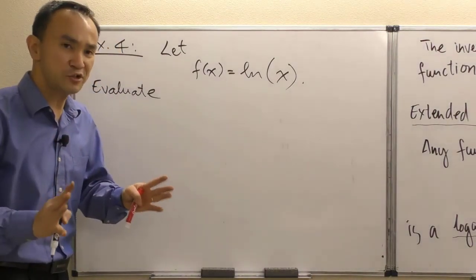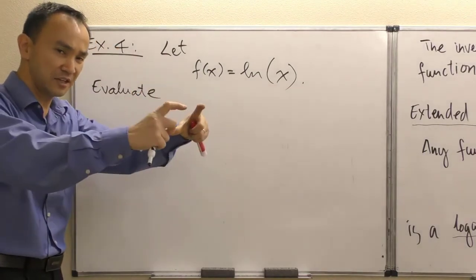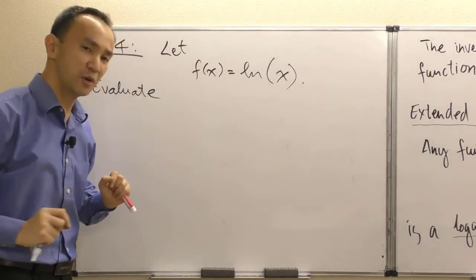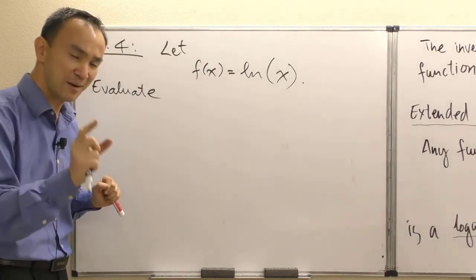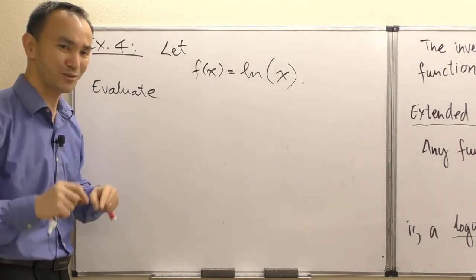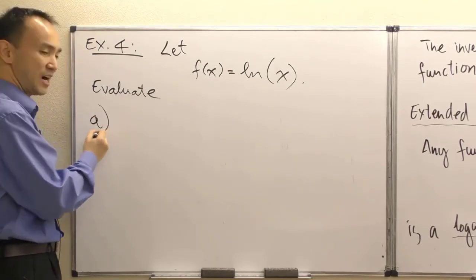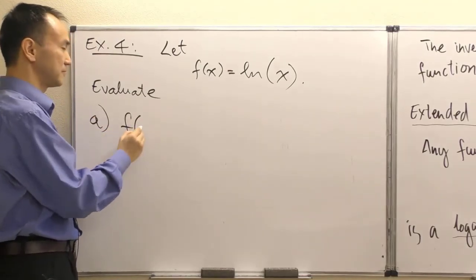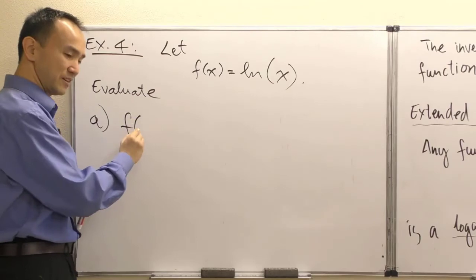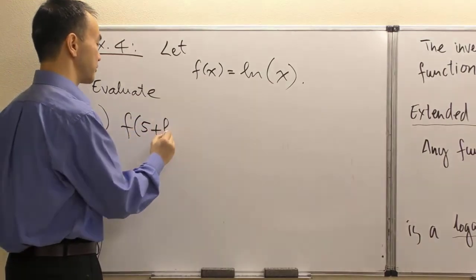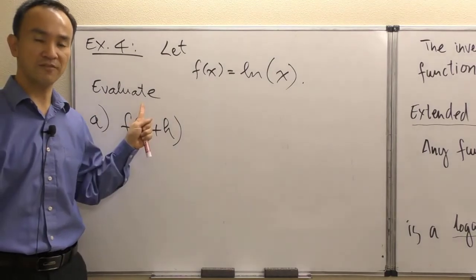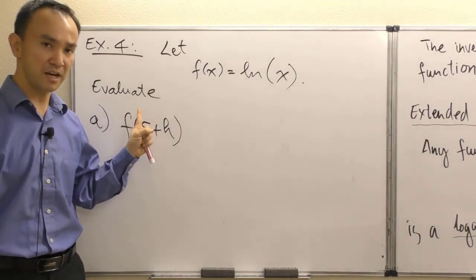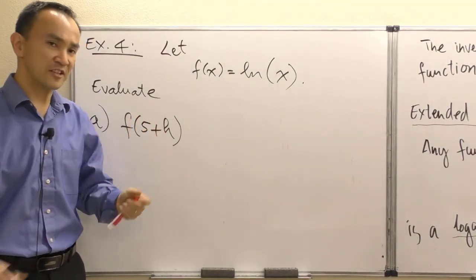So watch out for those kinds of problems where we evaluate. Evaluate in math generally means that we take an input and substitute that into a function. But no one ever says the input has to be a number. And that's what I'm about to get into. So let's evaluate f, that's the rule, f of 5 plus h. All right, so that's what evaluate again means in my way of emphasizing it.